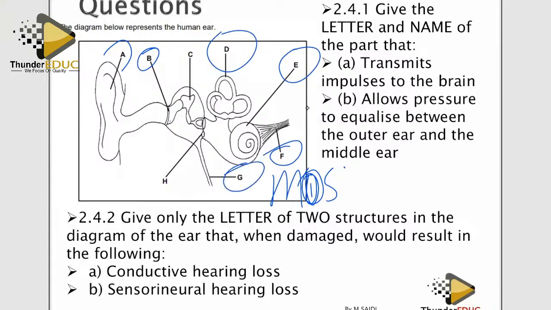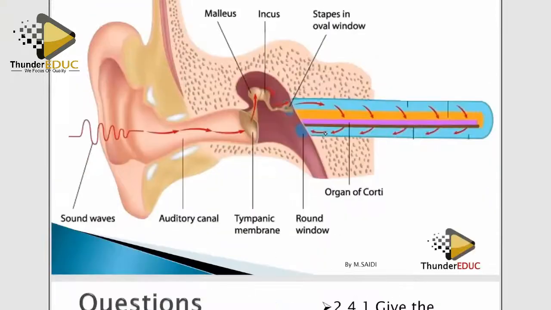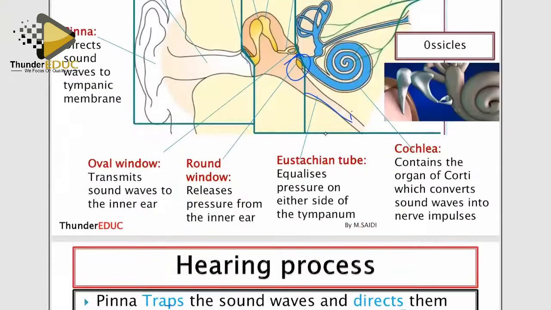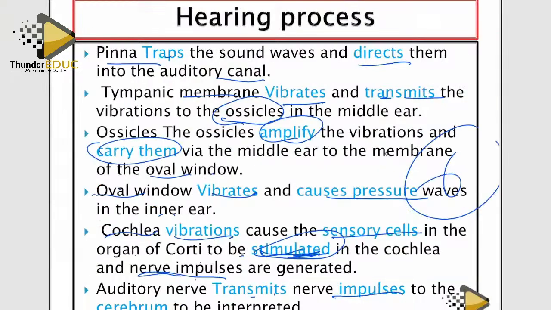What is G? G is the eustachian tube, the auditory tube. Some people call it the eustachian tube. Yes, eustachian tube.